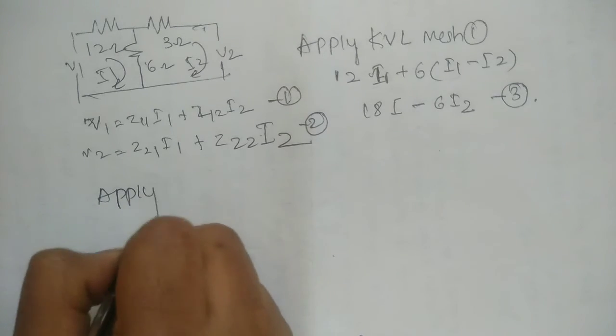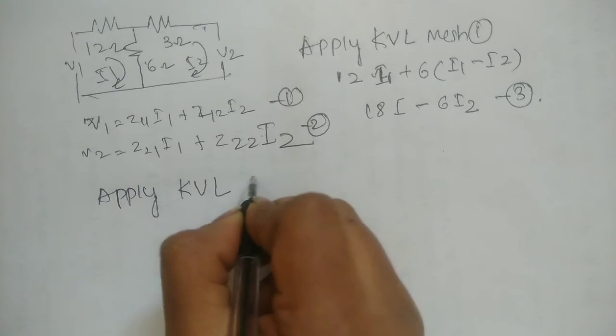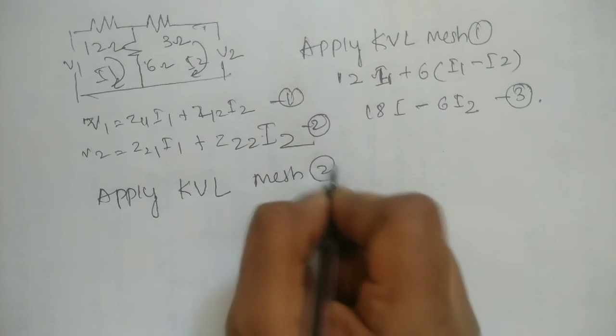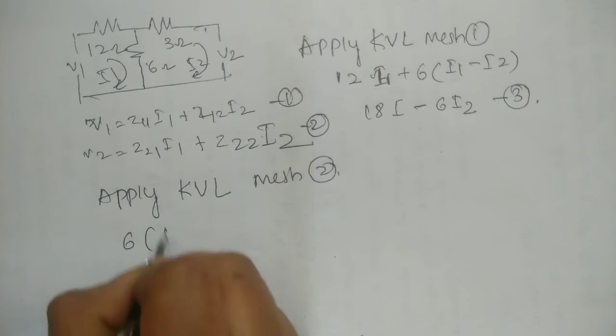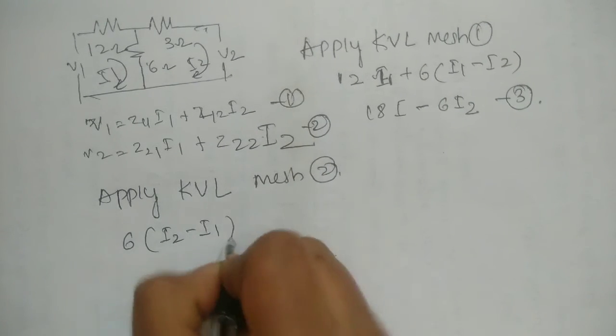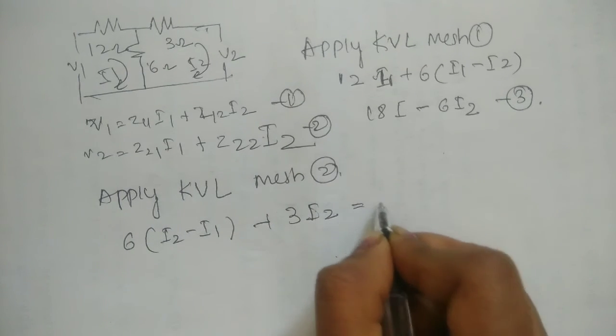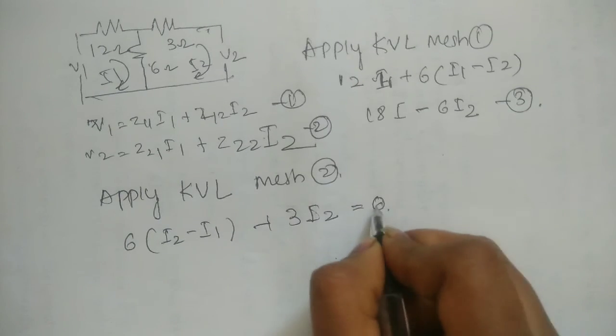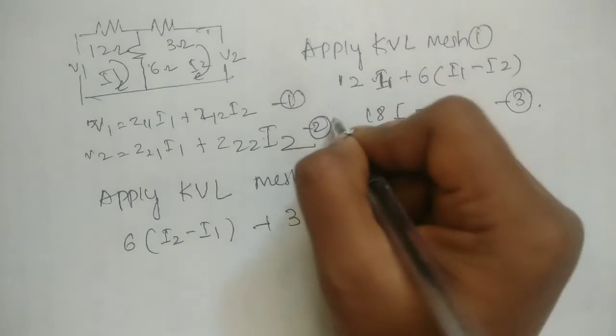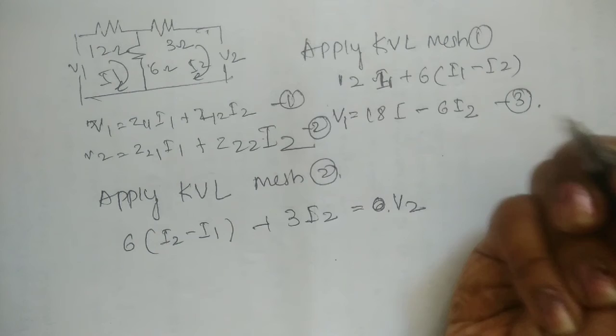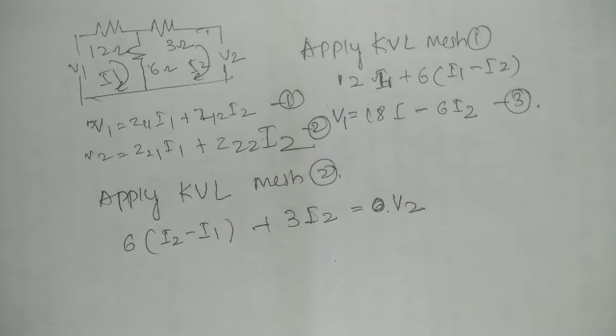Apply KVL to mesh 2. 6 I2 minus I1 plus 3 I2 equals 0. Sorry, V2. V1 equals. Yes, correct. V1, V2.